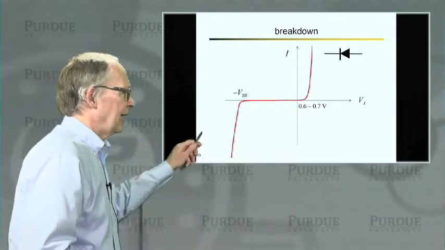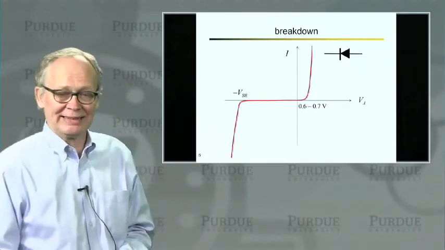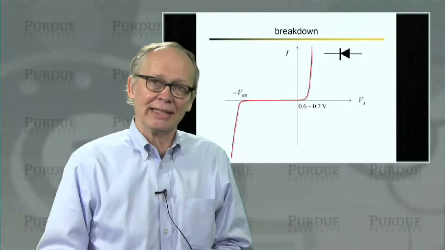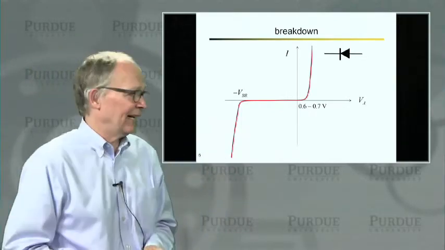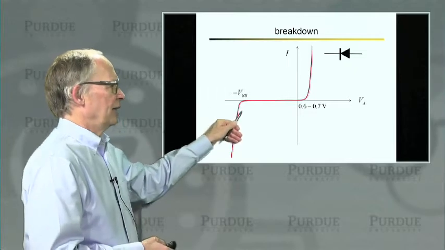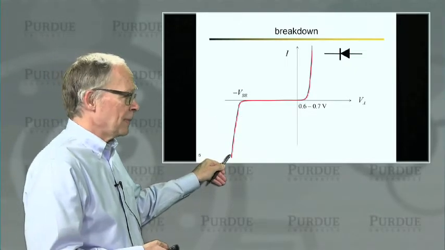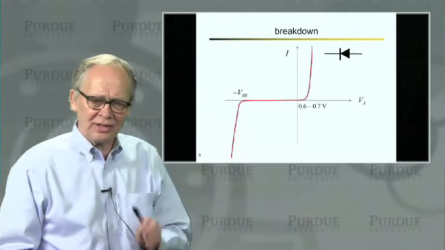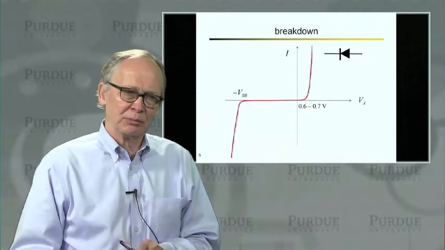All right, so here's our IV characteristic again, but now I've extended it to high reverse bias. When we extend it to high reverse bias, you'll remember from 255 that the diode actually breaks down at minus the breakdown voltage. Maybe it's 5 volts, maybe it's 100 volts, it depends on the diode. And in that region, a very large current begins to flow immediately. We actually get almost a constant voltage no matter what current flows as long as we're in breakdown.